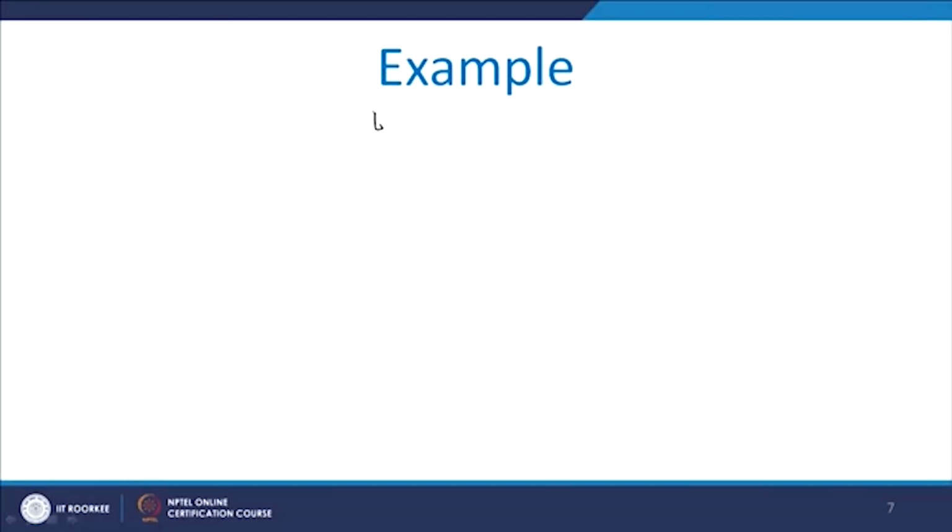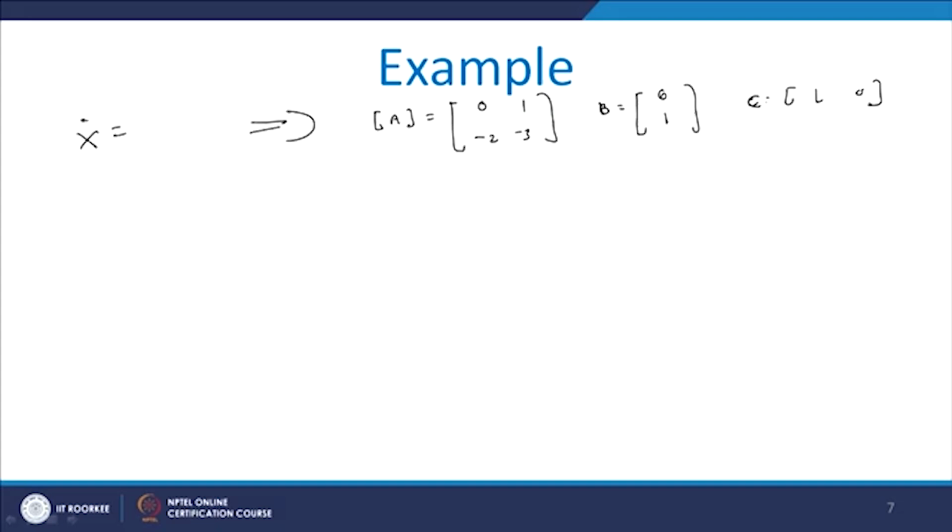Let us say this matrix A is written as [0 1; -2 -3], B matrix as [0; 1] and C matrix as [1 0], and this is particularly for your model x dot = Ax + Bu, y = Cx.